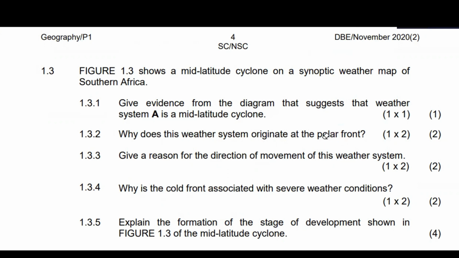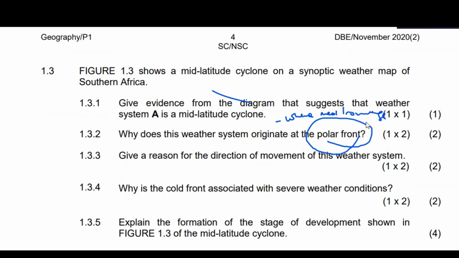Here you're saying, why does the system originate at the polar front? But somewhere here, they have talked about a front. What do we know about a front? A front, obviously, is where two air masses of different characteristics meet or converge.